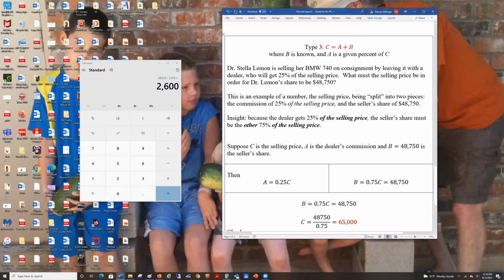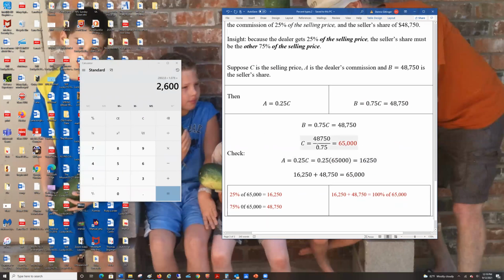Now, here's a little insight. If the dealer gets 25% of the selling price, then guess what? The seller must get the other 75%. Typically, you have to take that dollar amount that the seller wants to get and say that's the other 75% of the selling price.